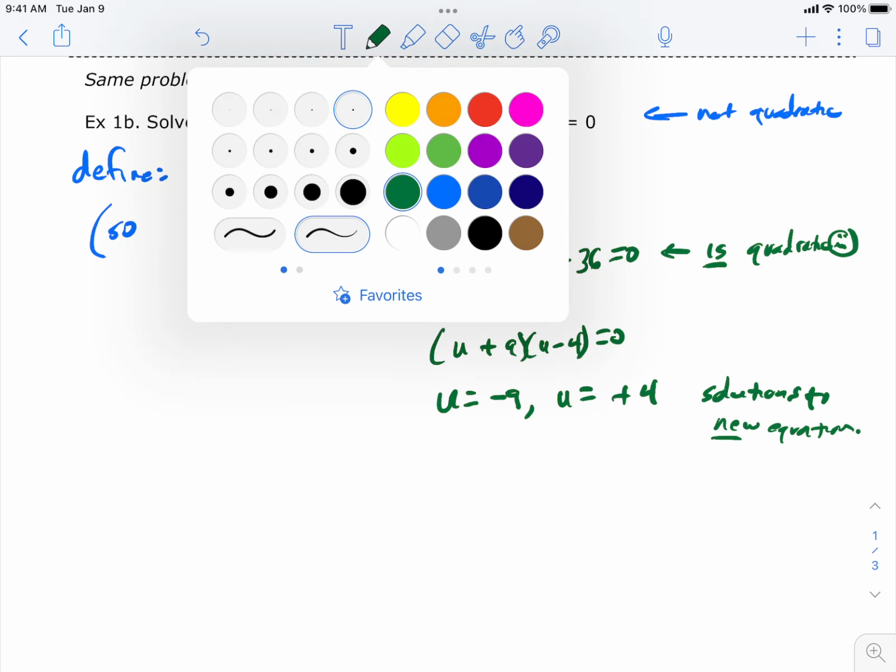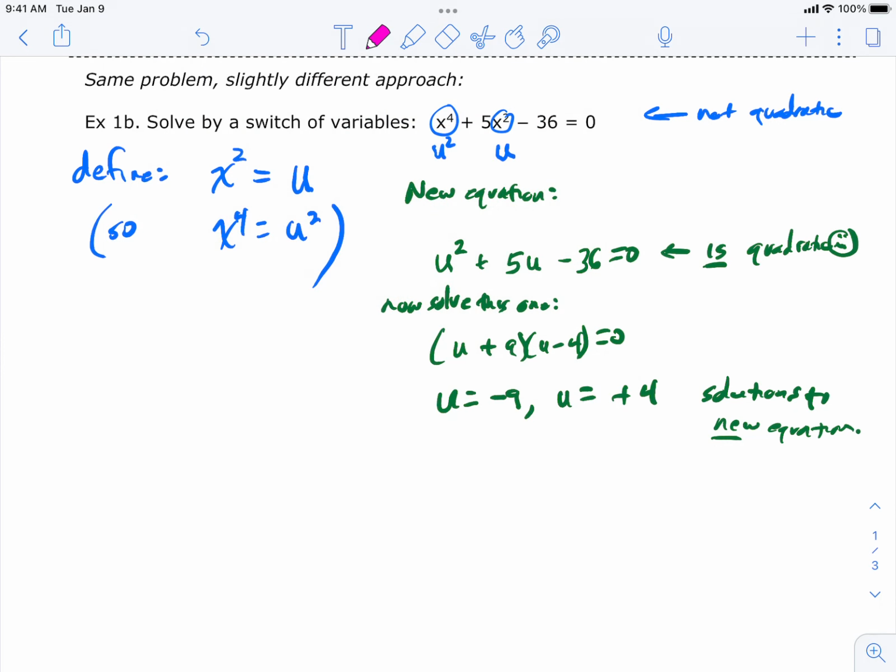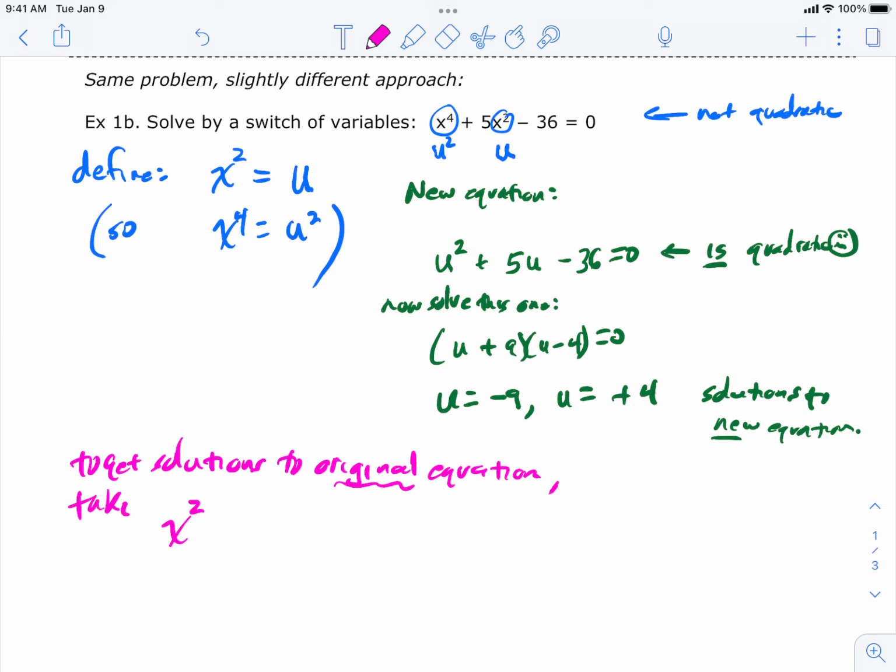Okay, so now we'll switch colors, switch modes here. To get solutions to the original equation, take x squared equals u and use our solutions u equals negative 9 and 4.